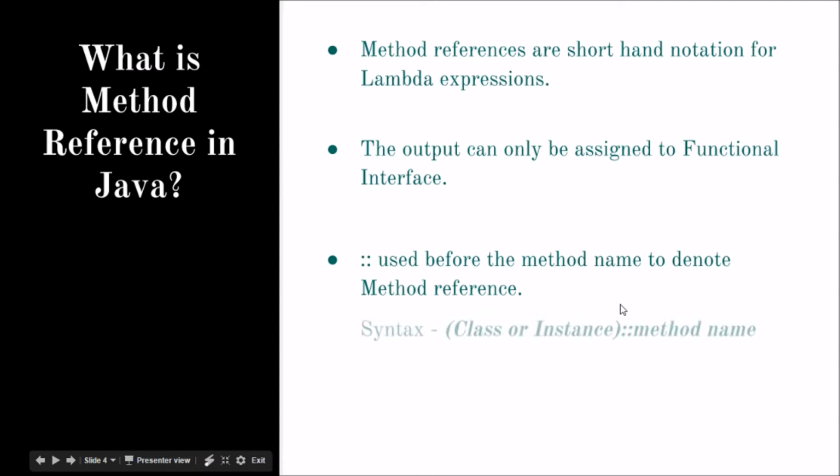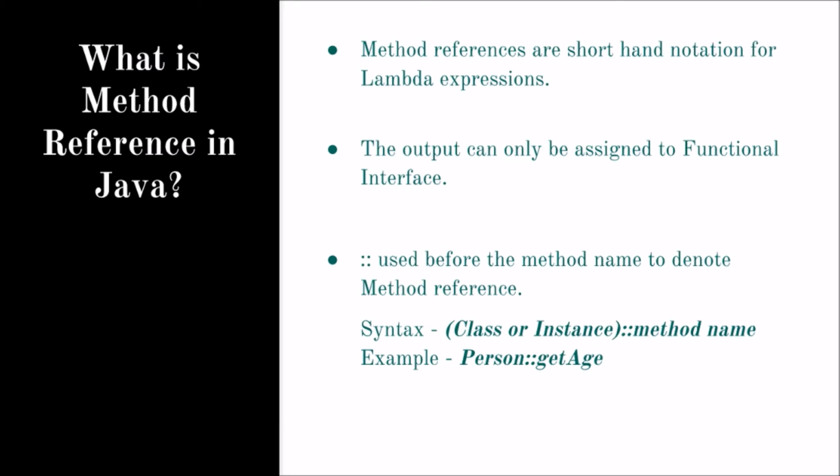For example, the way you will write it is the name of the class or instance reference of a class, followed by two colons, followed by the name of the method you are referencing. For example, if you are referencing a static method called getAge in a class called Person, we will say Person::getAge. So that is how the syntax works for a method reference.